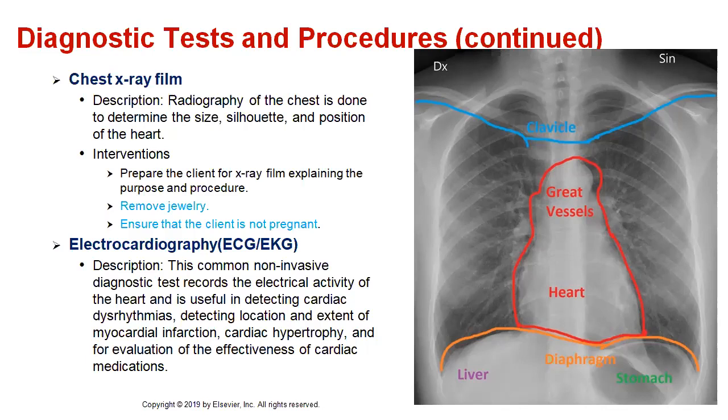Another most important test we do for cardiac patients is called EKG, right? Or shortly, it is called ECG. EKG means electrocardiogram. Electrocardiography is the process and electrocardiogram is the record.